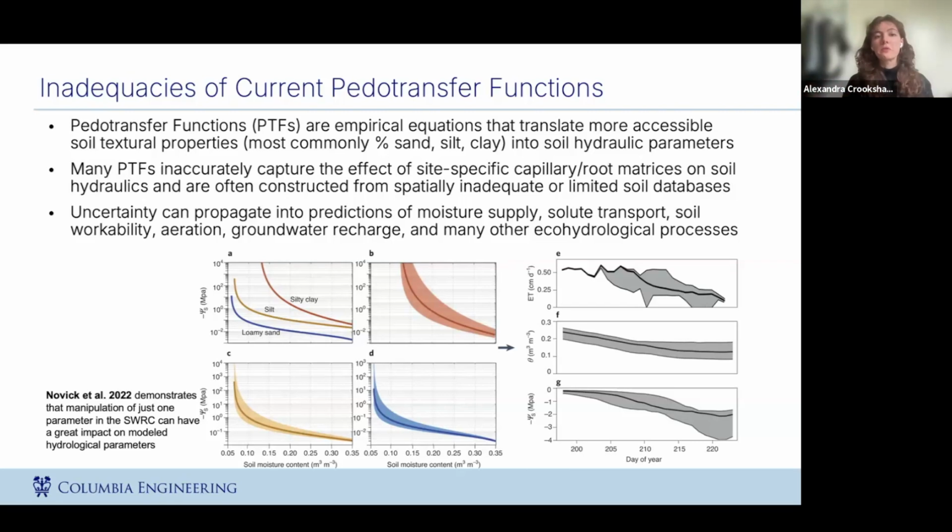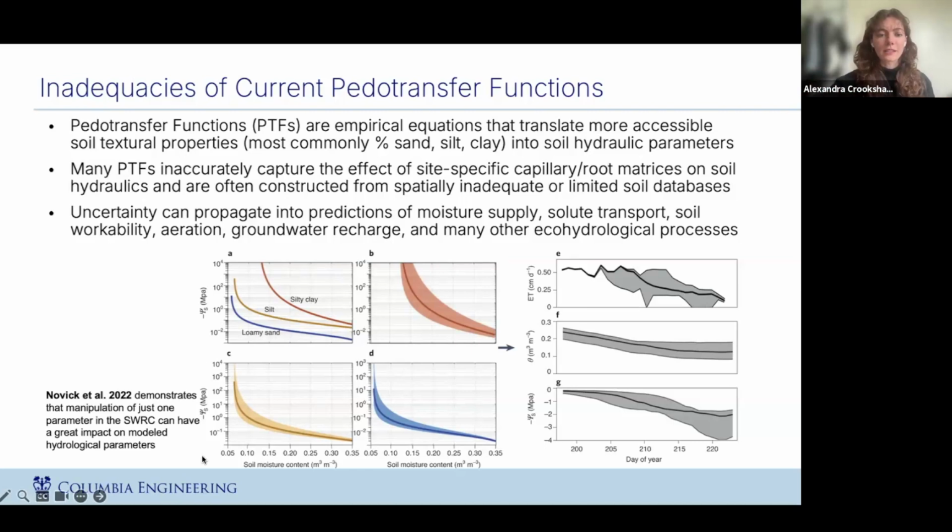Let's just say, for example, they were trained off of only soils from Hungary, and then the result is a pedotransfer function that can only really perform well in Hungary. And this creates a big issue when we go back into those investigations on how soil matrix potential influences the ecosystem, because any uncertainty in your predictions introduced by the pedotransfer function then propagates into those predictions of ecohydrological processes.